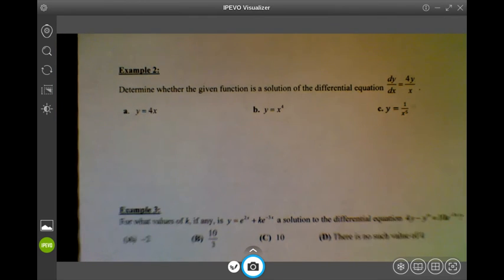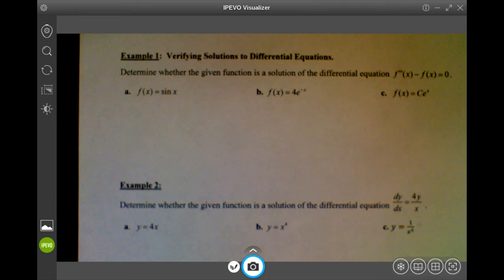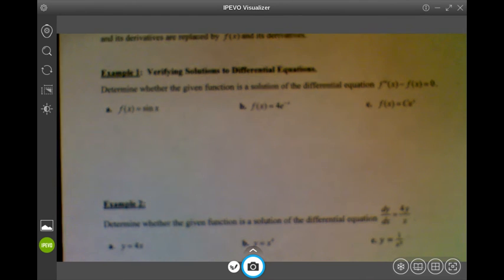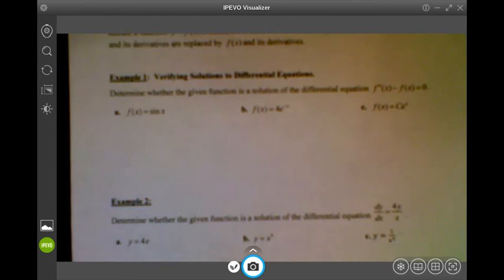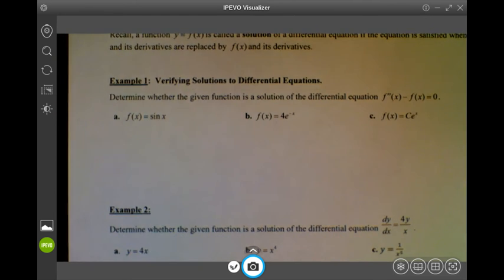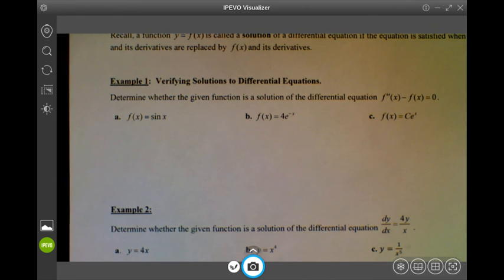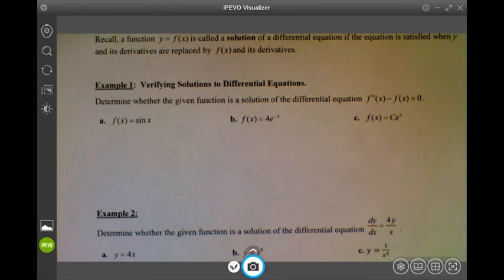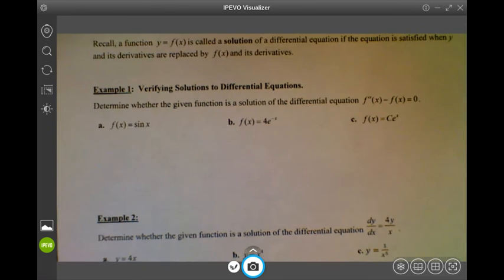So this first one is just an intro to differential equations, but definitely isn't super heavy on the AP exam itself. If you see one, you might see one multiple choice question that has to do with something along those lines. But for the most part, there are some standard differential equations that we'll have, and we'll talk about those in a lot more detail later on in this unit.